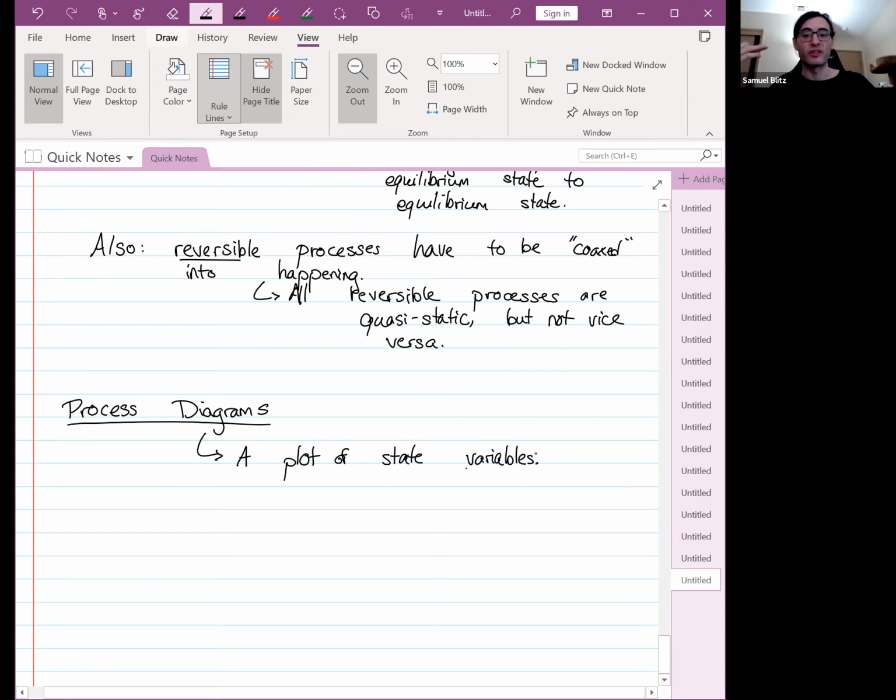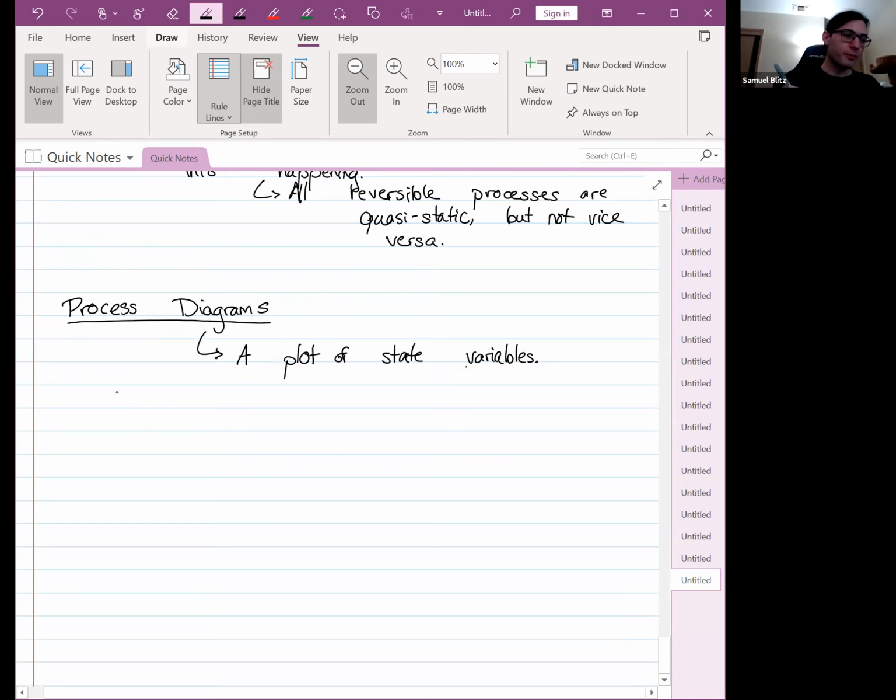And the value of those state variables will tell you, at a point on your plot, like think of an XY plane, a point on your plot will tell you what the pressure is and maybe what the volume is if you plotted pressure versus volume. A point on this plot describes the values of the state variables of a state.